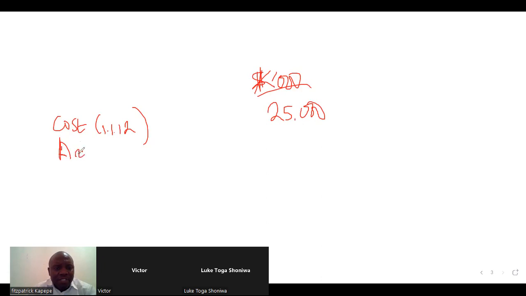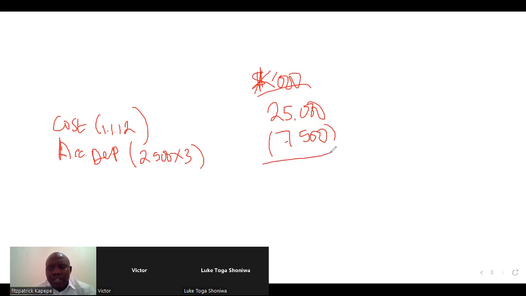Just give me the accumulated depreciation. Right, that will be 7.5, because it's 2.5 times 3, which is 7,500. Giving us how much as carrying value? 17,500.